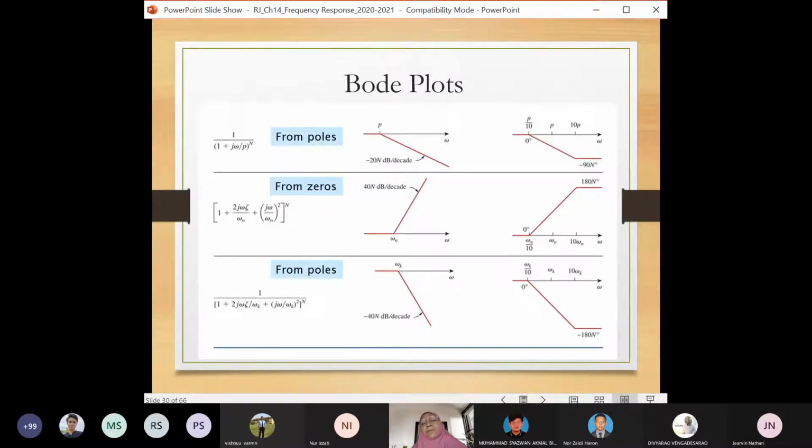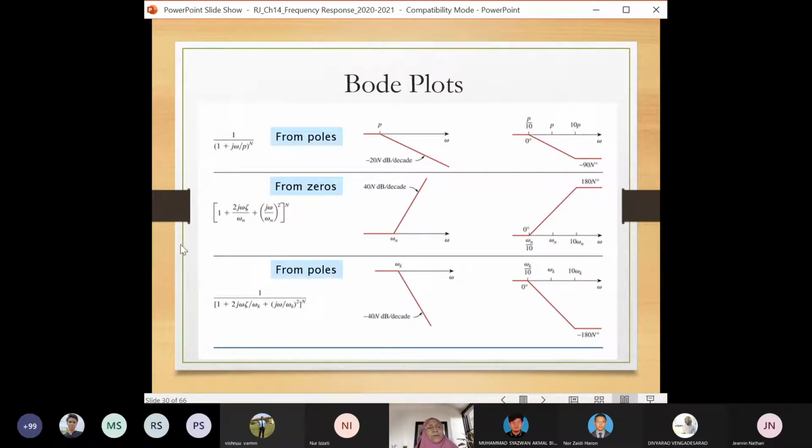So similar to the zeros, the phase is flat at 0, and then starts to go down at 1/10 of the p value, at the turning point of the poles, until 10 times, and then it is flat at negative 90 degrees.